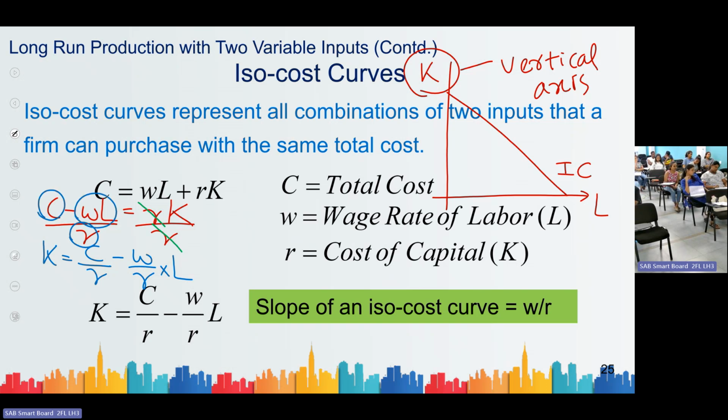I write them separately as separate fractions. C over R minus W over R into L. We do only very simple modification to the original expression to derive this. So this is the number of capital units.